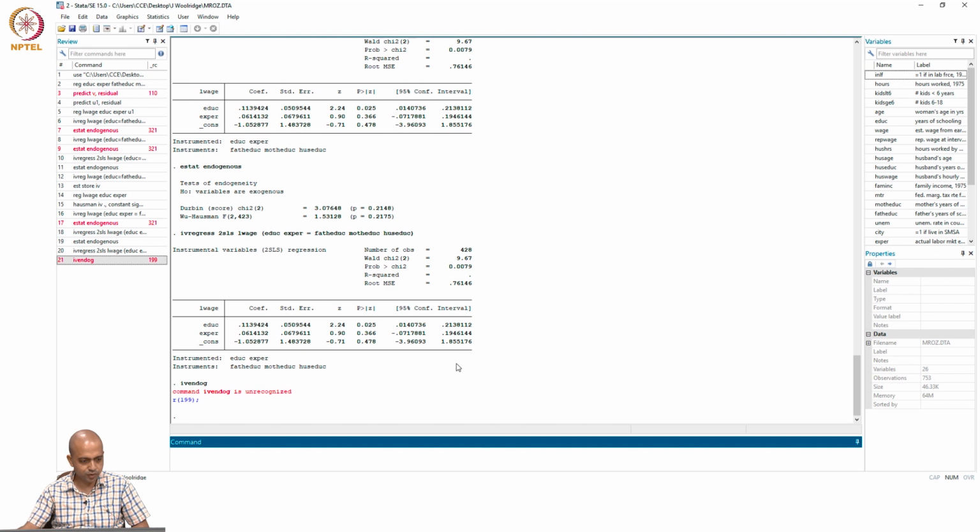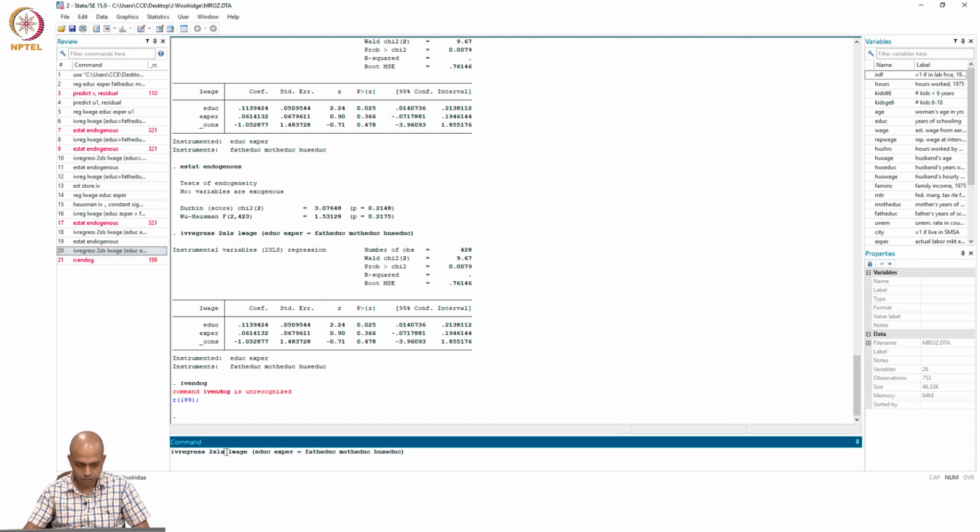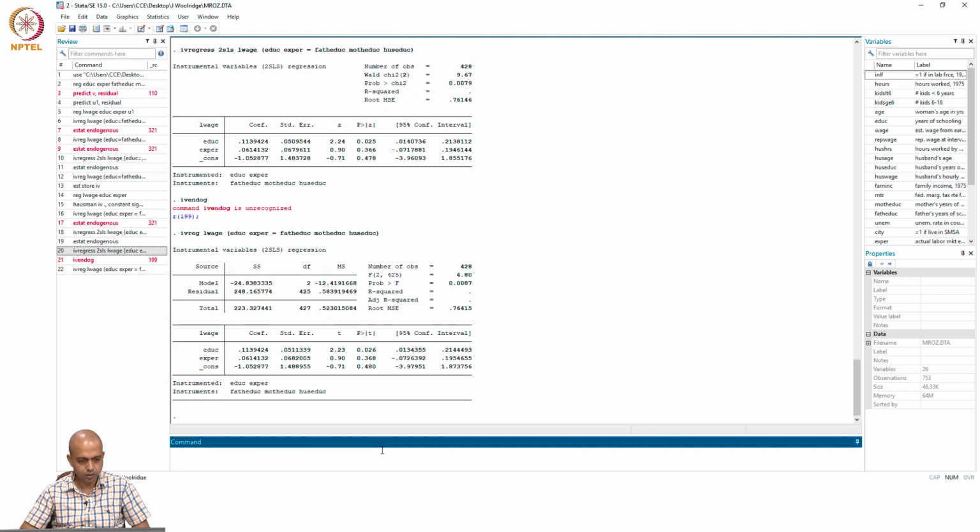Here again we have to use ivreg2, so instead of this, ivreg2 and then ivendog.